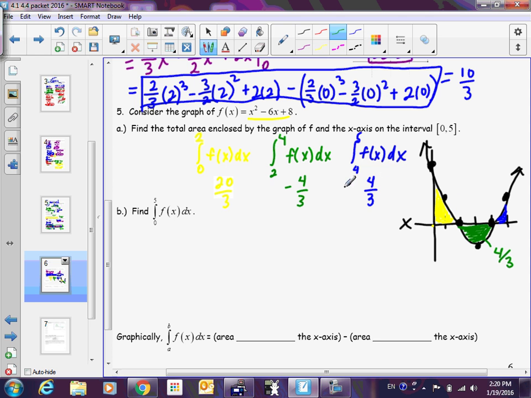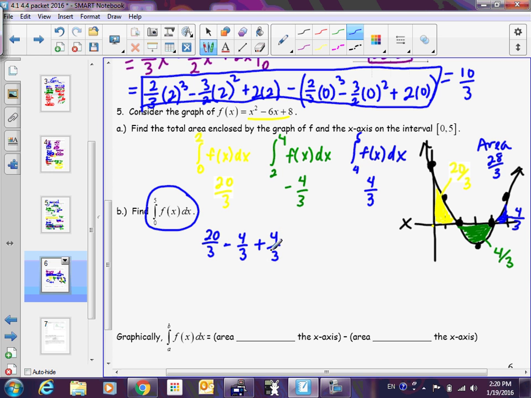So if I just wanted to add up all 3 areas, there might be a reason why I need to do that. Okay? There is going to be eventually. And if I just wanted to add up the areas, I would get 28/3. But if I want to do all 3 together, I have got to do all 3 of these.